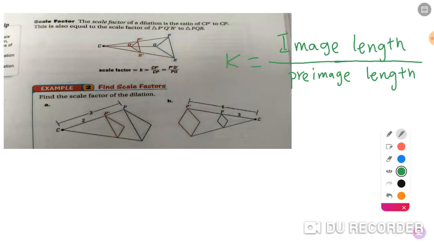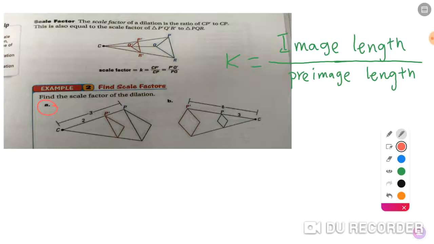Let's think about this example. Here we are required to find out the scale factor of the dilation. Thinking about question A, we're given these two triangles, and you need to identify which one is the original figure and which one is the image.